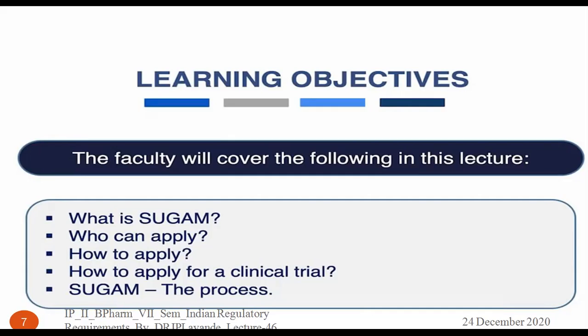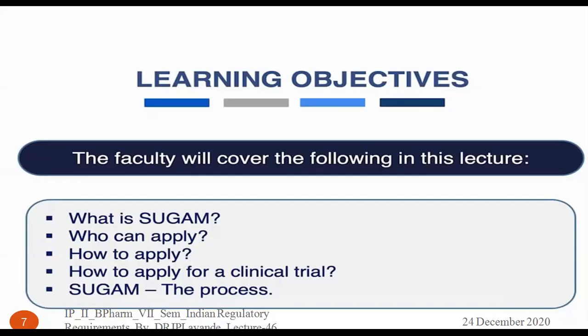The Sugam portal accepts applications and is responsible for giving the grants of approval for the process of clinical trial. But the registration of the clinical trials that are happening has to be done on a different site. What that site is, we will come to know in our next lecture.